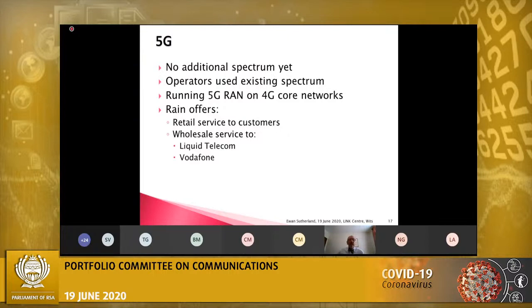Rain is running 5G, providing that service. So the good thing is, when you see the maps of 5G coverage in the world, South Africa says it's covered because the Rain service is there. They colour in the whole country, but it's obviously not anything like national coverage yet.